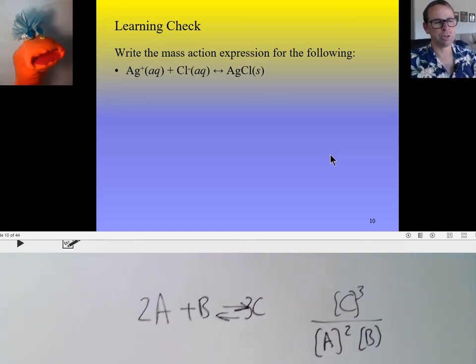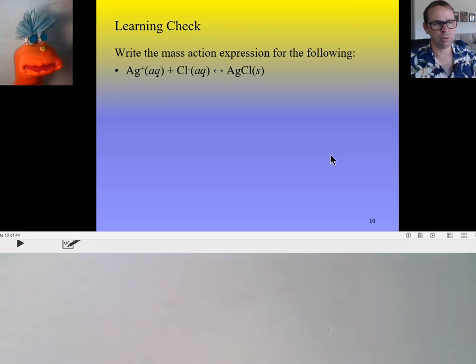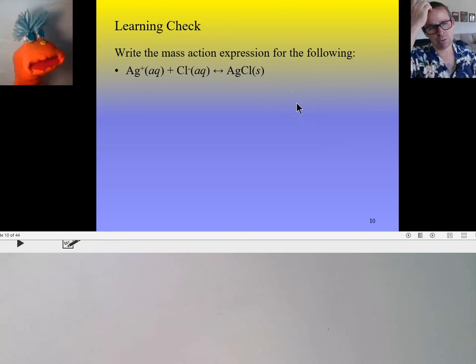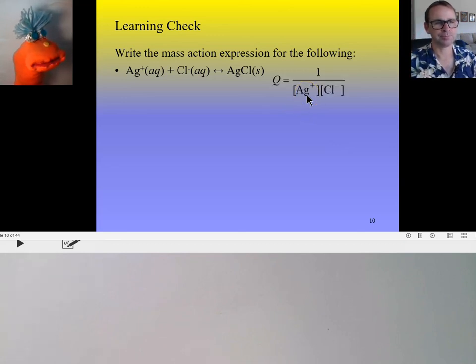So this one would be concentration of silver ion. No. Products over reactants, right? Yeah. Concentration of silver chloride over concentration of silver ion times chloride ion. Okay, let's check. Oh, they didn't include the solid. That's right. You don't include the solid. So you just write 1 up there? That's right.